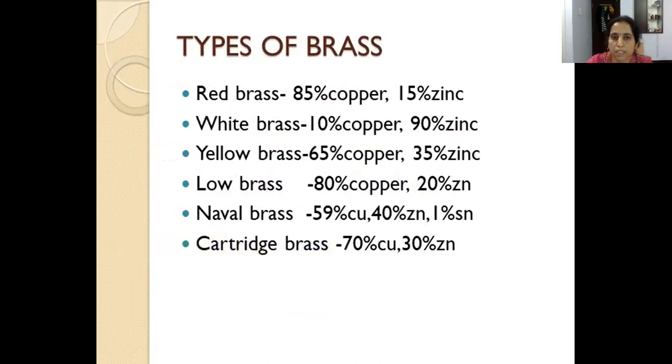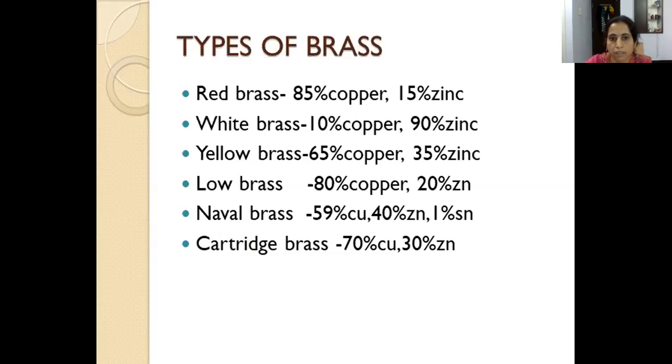So in the previous presentation, we had just skipped the types of brass. As I said, we are studying the alloys. Brass is one of the alloys of copper. We studied that it is an alloy of copper and zinc. According to our requirement, we change the composition and we have different types of brass.